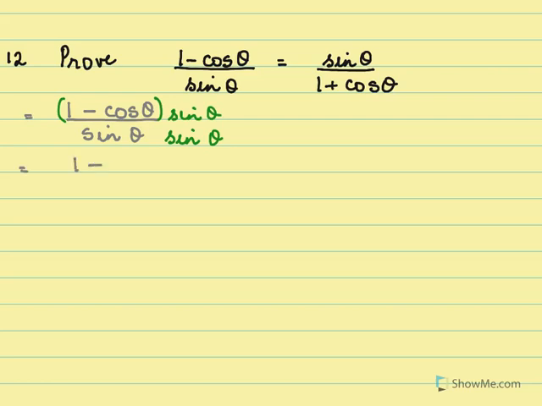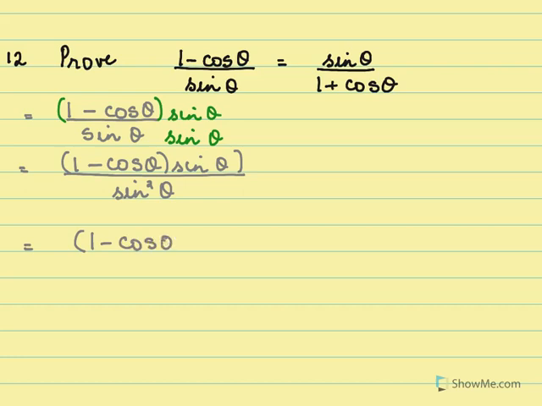So here you have 1 minus cos theta into sine theta, and if you look at the denominator, it is sine theta into sine theta, and this is sine square theta. So equal to 1 minus cos theta into sine theta.